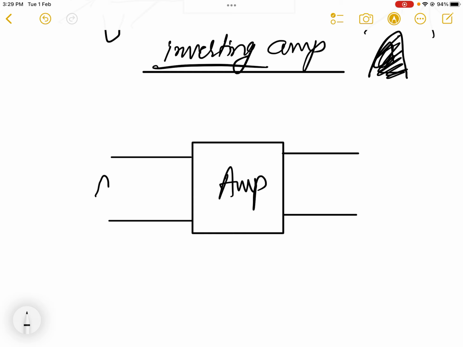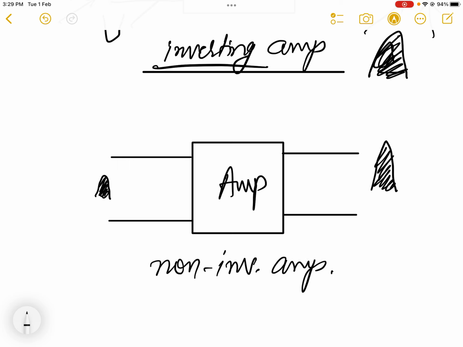Now here we apply positive half at the input. Then at the output you will get a strong positive half. So when input is positive, output is also positive. Such type of amplifier is called simply non-inverting amplifier.